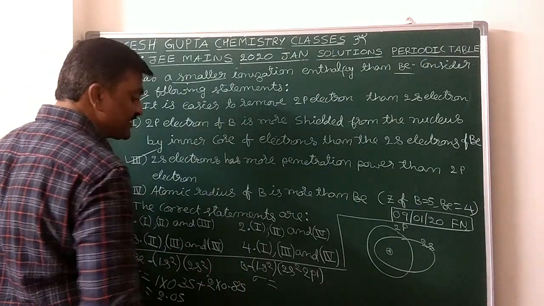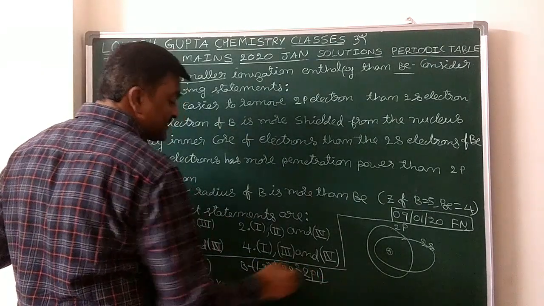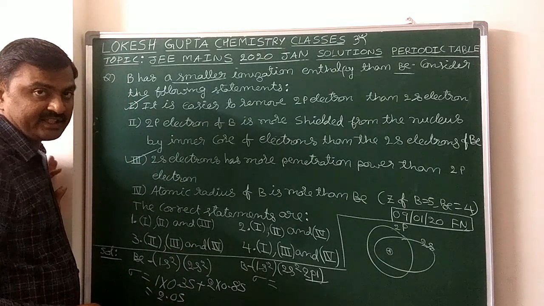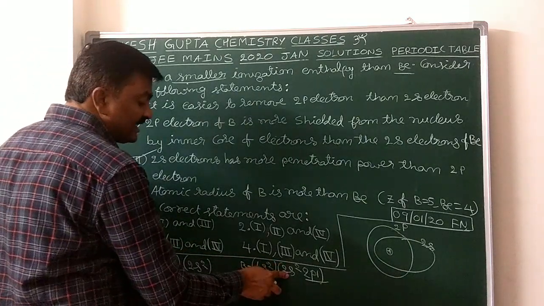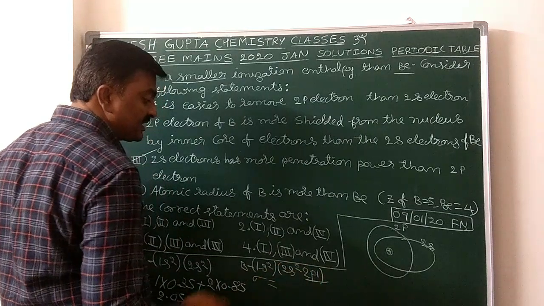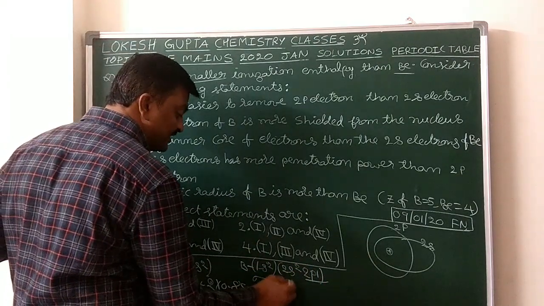Next, for boron, on the 2s1 electron, what is the screening effect? In the valence shell, except this last electron, two more electrons are there.